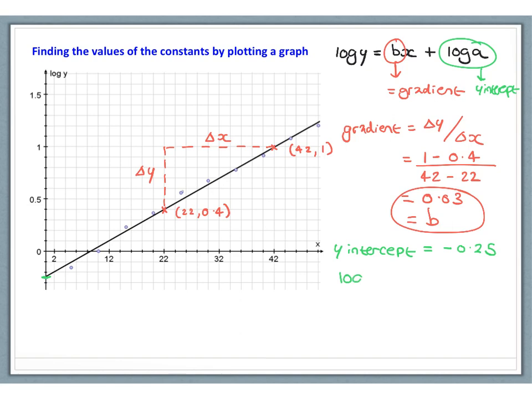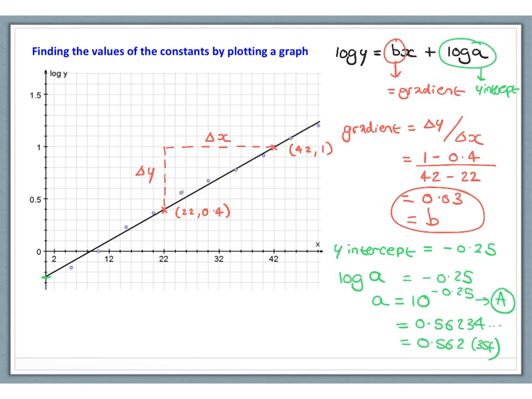So we know that log to the base 10 of a is equal to negative 0.25. A will therefore equal 10 to the power of negative 0.25. And let's work this out. And this comes to a value of 0.56234... 0.562 to 3 significant figures. Although again, I'll save that in a calculator memory in case we need it.